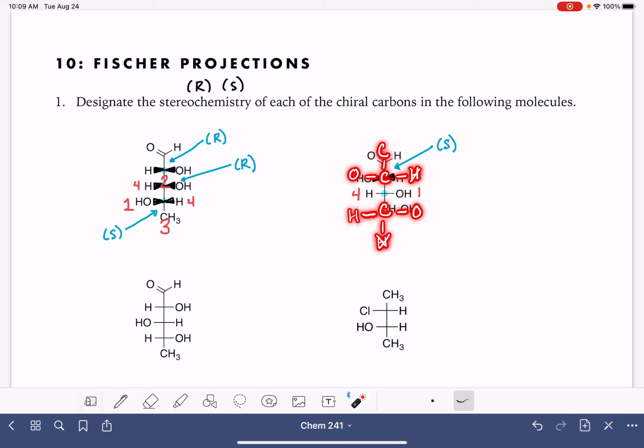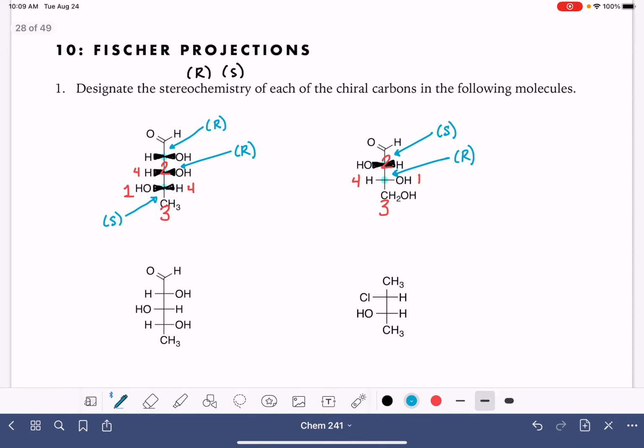So the hydrogens will cancel out, the oxygens will cancel out. We've got a carbon versus a hydrogen. Carbon is higher atomic number, higher priority. So this is going to be our number 2, this is going to be our number 3. 1 to 2 to 3 looks like an S, but we are upside down. Always in Fischer projections, we're always upside down for our S assignment.